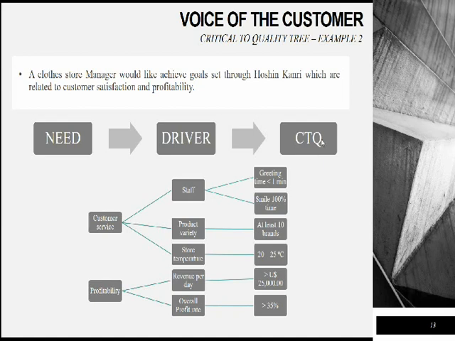Finally, the CTQs related to those drivers are greeting time less than 1 minute, smile same percent of the time. In regards to product variety, at least 10 brands. The store temperature should be between 20 and 25 degrees Celsius. The revenue per day should be more than $25,000, and the overall profit rate should be more than 35%.